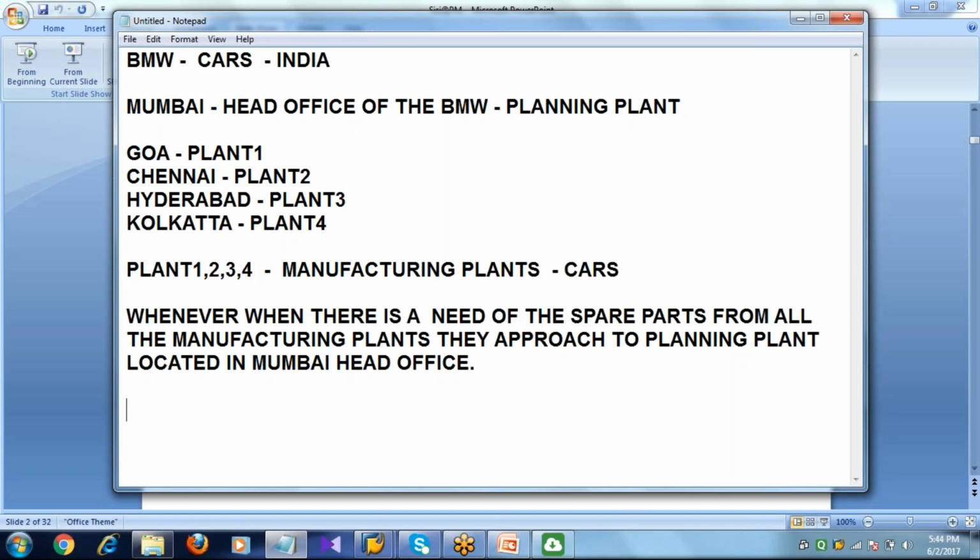So this Mumbai head office is treated as a planning plant. Whereas plant 1, plant 2, plant 3, plant 4 located in Goa, Chennai, Hyderabad, Kolkata, etc. are treated as maintenance plants. In SAP we call it a manufacturing plant.